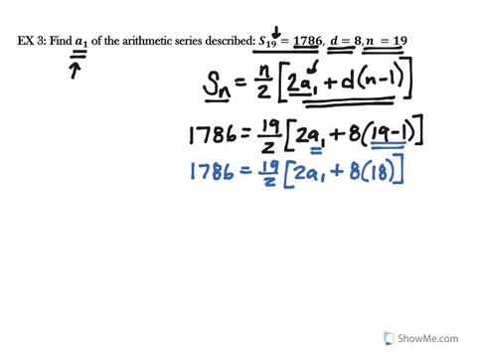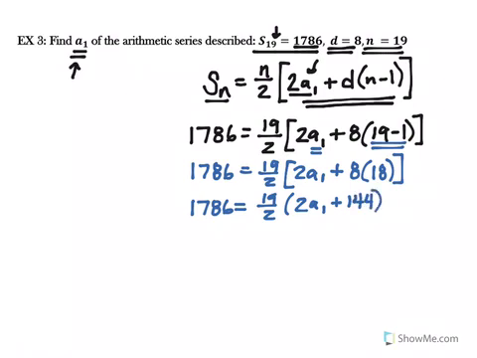And then we can multiply 8 times 18 to give us 144. So 1786 is equal to 19 divided by 2 times 2 times a sub 1 plus 144.